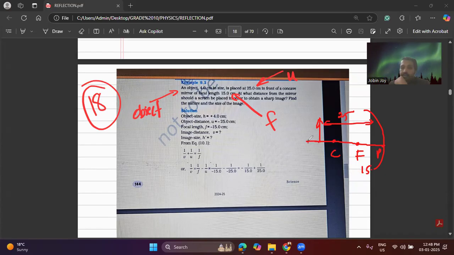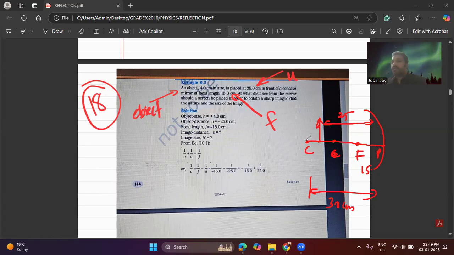That means c will be here. We know that this total length is 30 centimeter, because p to f is 15, f to c is also 15. 15 plus 15, 30, right? That means the object is in between c and f.